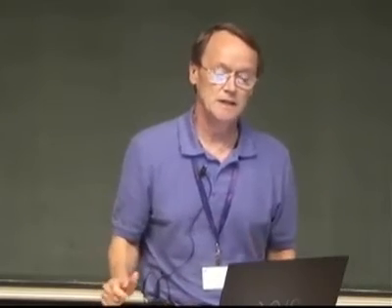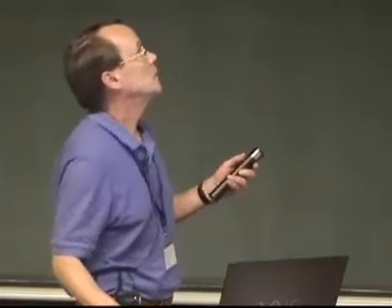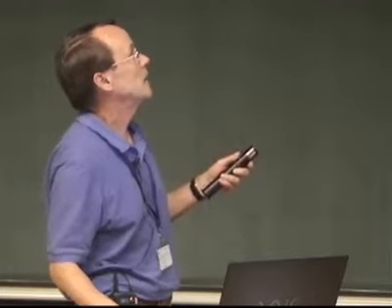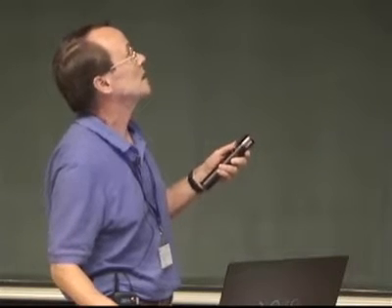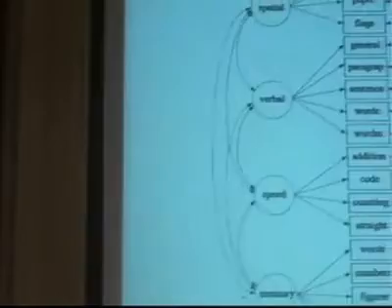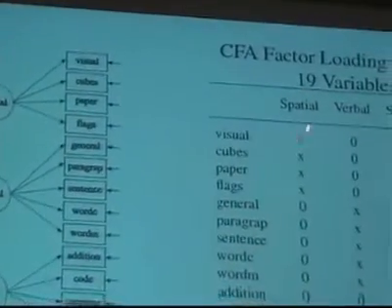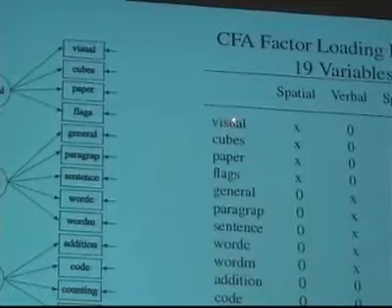Here is the 19 variable structure, the usual CFA picture with x's corresponding to free loadings to be estimated and zeros corresponding to a hypothesis. For instance, for the visual subtest, verbal ability has no influence on visual, but spatial ability is the only ability that influences the visual subtest.